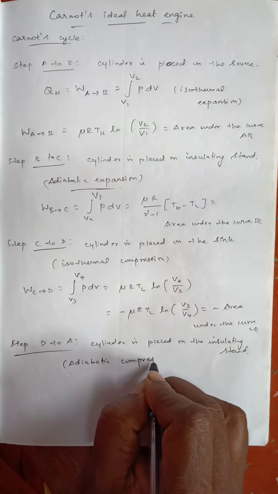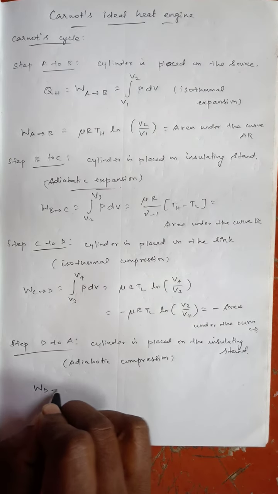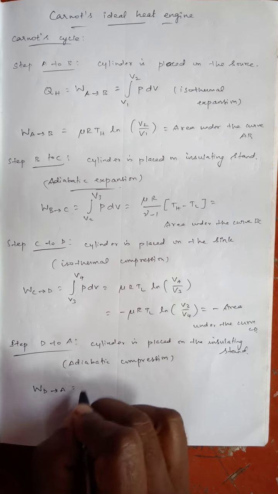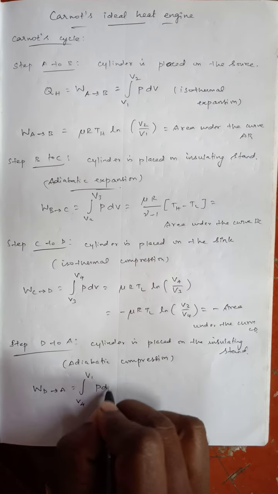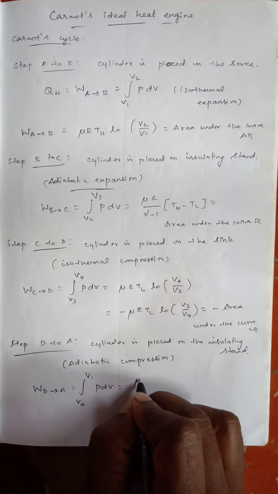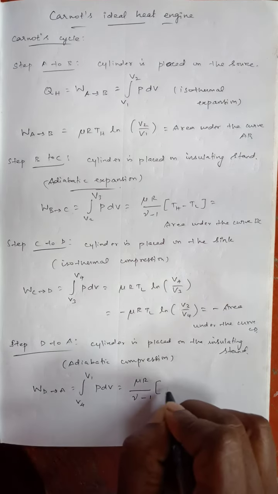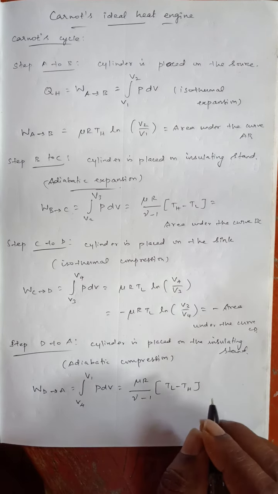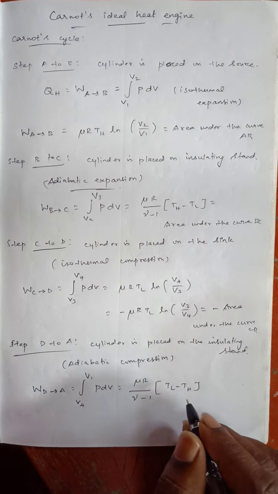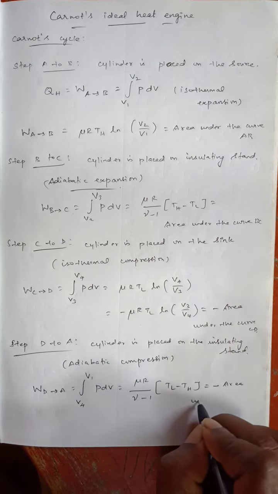So the formula here: W from D to A is equal to V4 to V1, integral of P dV, which is equal to mu R by gamma minus 1 times TL minus TH. The volume changes here, and because the temperature goes from L to H, that is minus of the area under the curve DA.